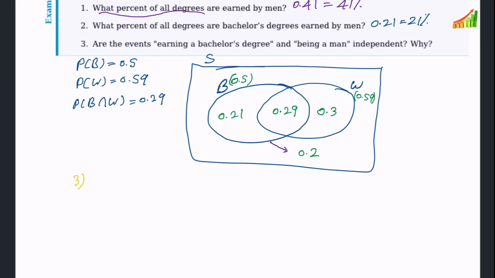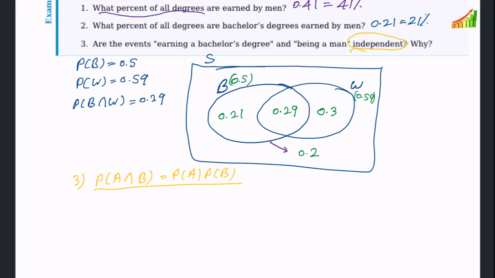Now let me explain number 3. Are the events earning bachelor degrees and being a man independent? How do we check independence? We know if A and B are independent, A intersection B equals probability of A times probability of B. So we can use this one to check if these two are independent or not. So let me write down this equation.